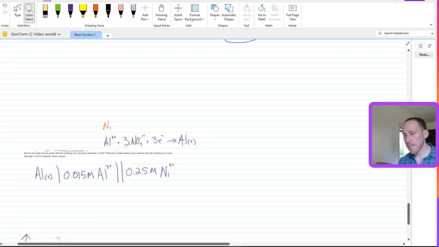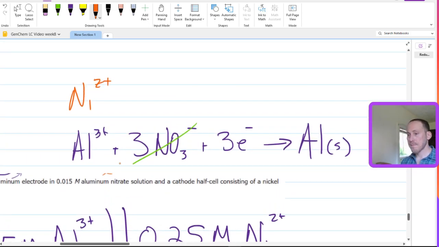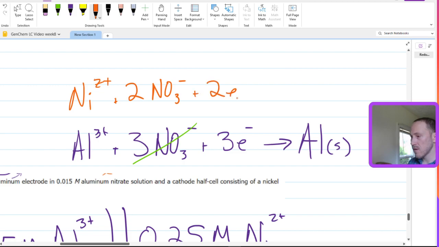Okay. Nickel 2 plus 2 NO3 minus plus 2 electrons would equal nickel.